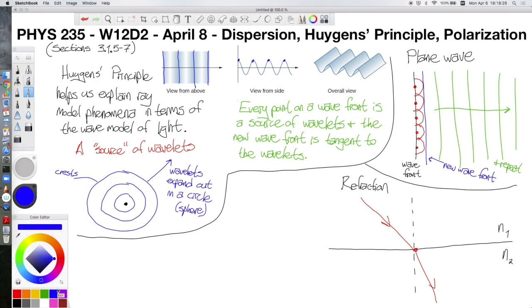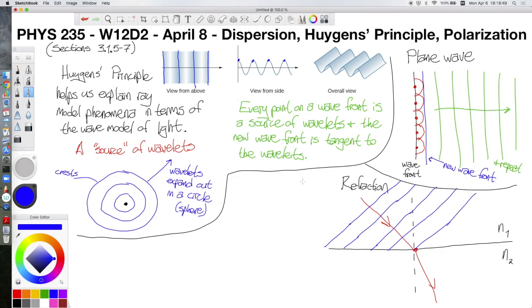And when you see the ray model, what you want to remember is that all of your wavefronts are perpendicular to the path of your ray. So I'm very specifically stopping these wavefronts at the surface that is the border between n1 and n2.